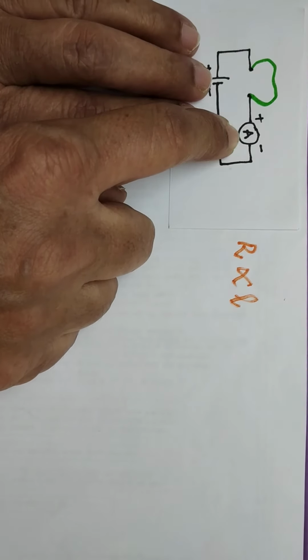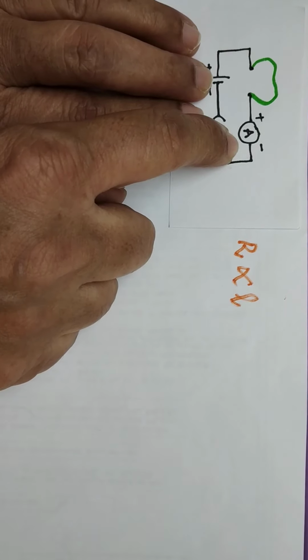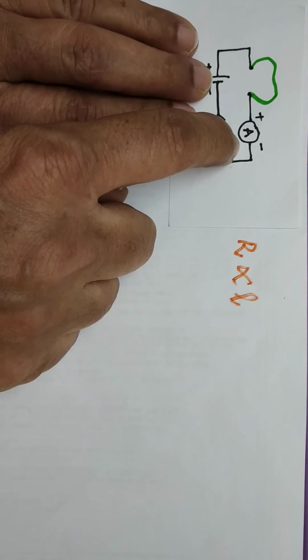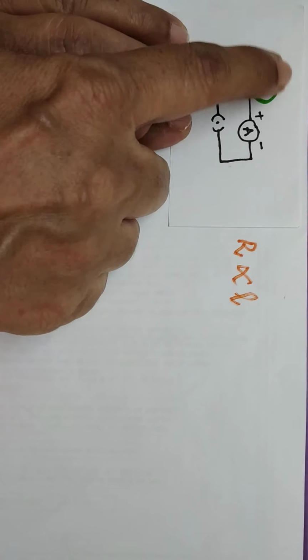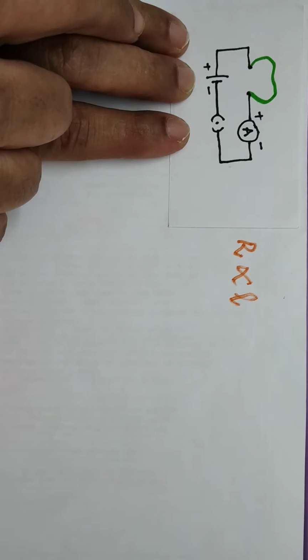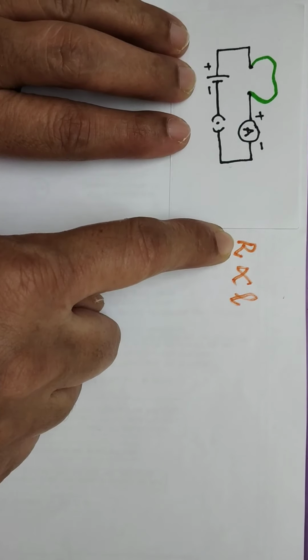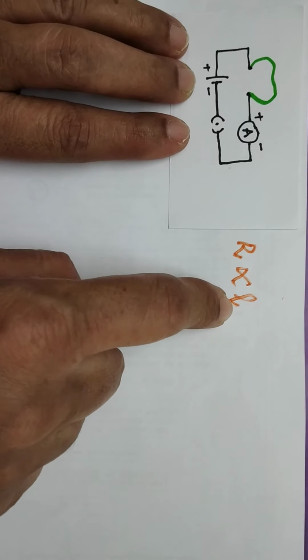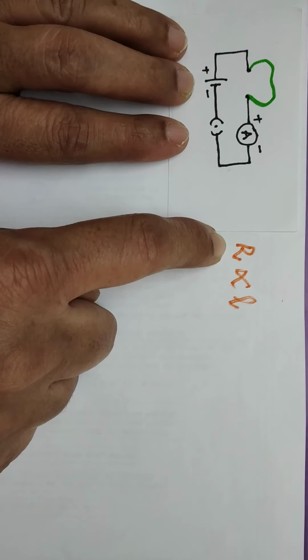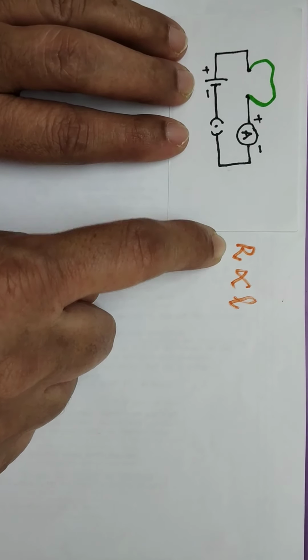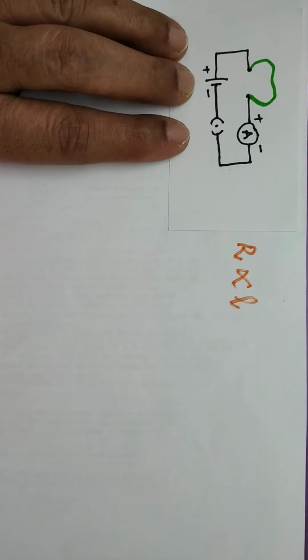Ammeter reading will be less, because resistance offered by this longer wire is more. Therefore, you can say R is directly proportional to length. As the length increases, resistance also increases. That's what it means. Is it clear?